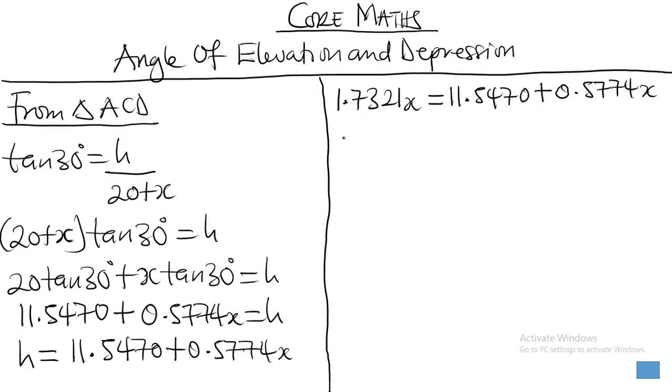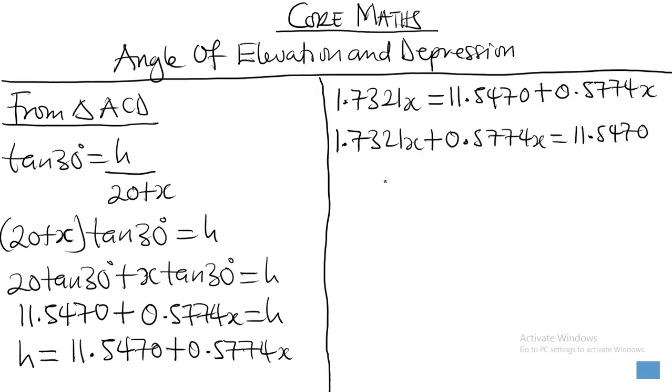Now, grouping like terms, we are going to have 1.7321x plus 0.5774x equal to 11.5470. I hope you are following. Good. So we now add these two.